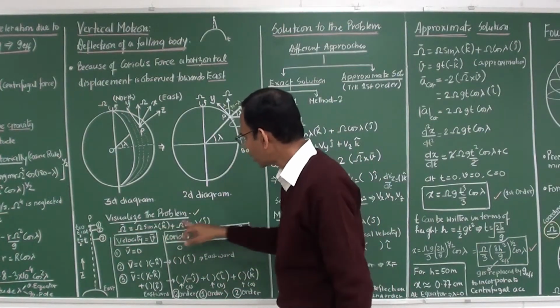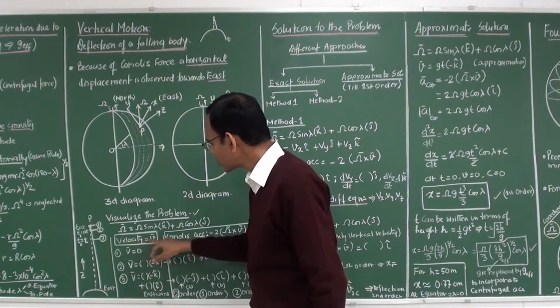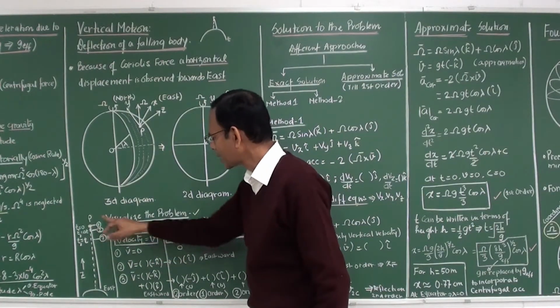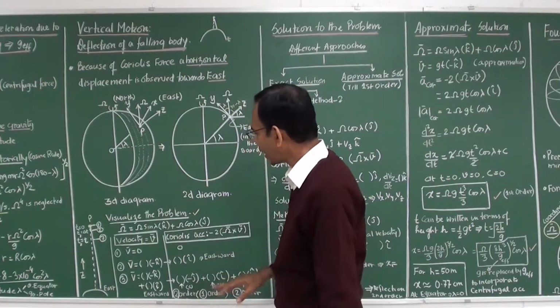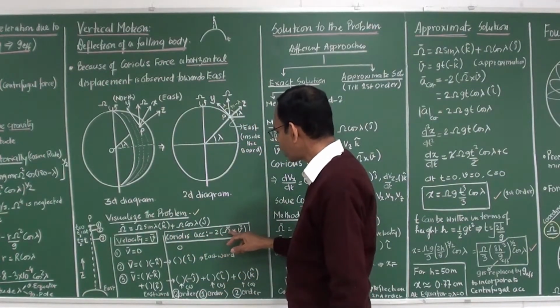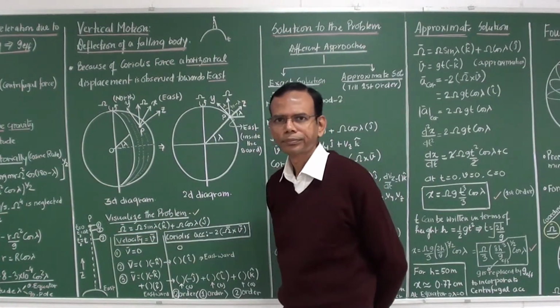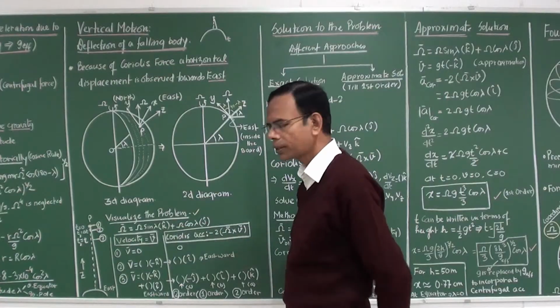So this is the omega I have written. Here I have made a table: the velocity at these 3 points, and the Coriolis acceleration, that is minus 2 omega cross v, at these 3 points. I hope till here it is clear to you.